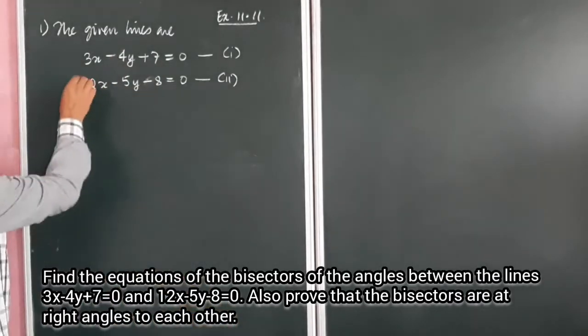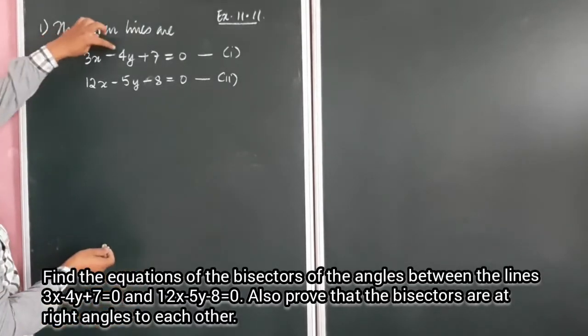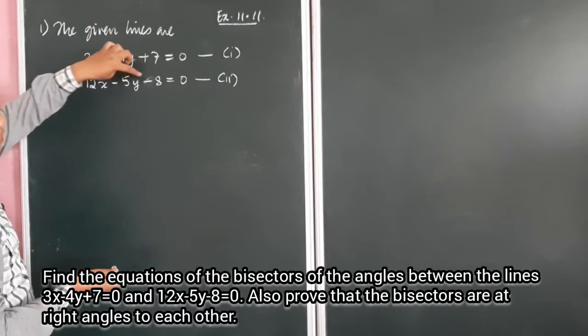Here we use the direct formula. So this is your a1, b1, c1, a2, b2, and c2.